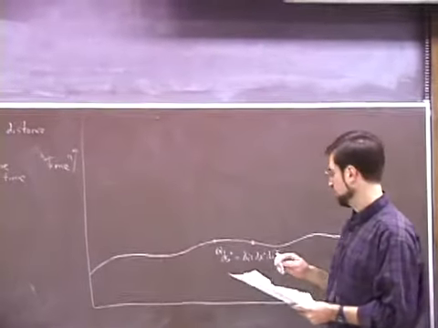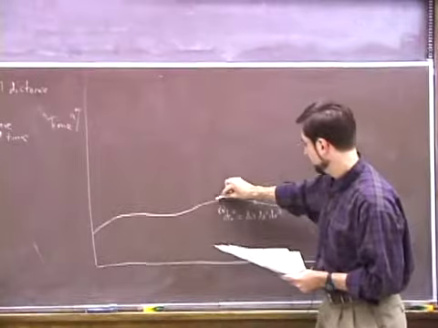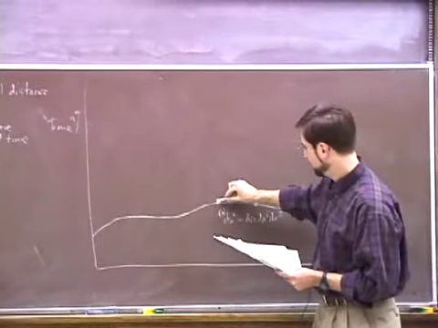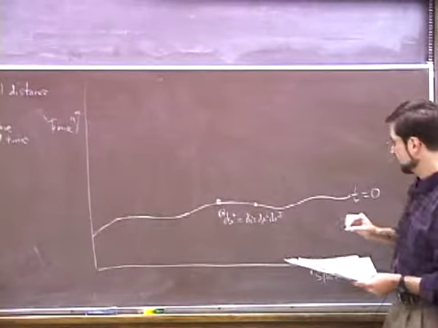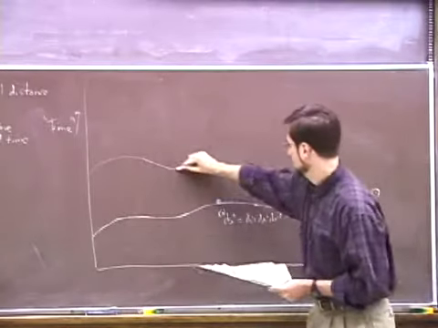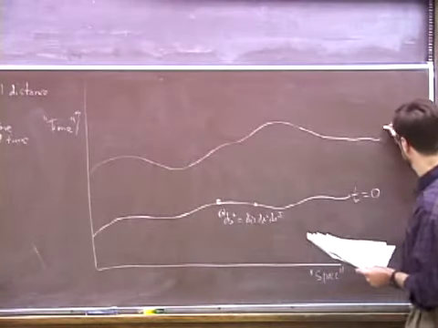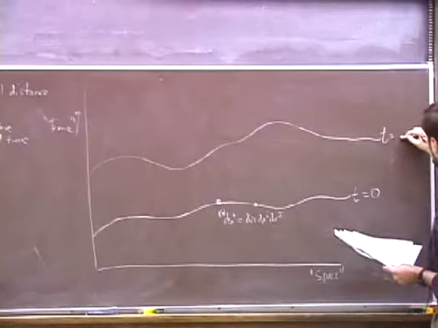There's a particular rule that you use. Suppose I'm at this point here, and suppose I have another surface that I call t equals delta t.